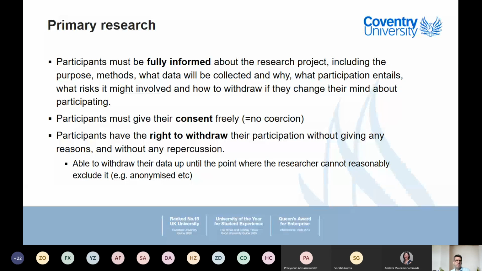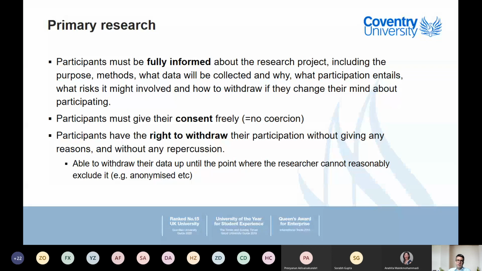So you'll have to fill a questionnaire, you will have to go through an interview, it will last roughly 40 minutes or whatever. But also explaining a little bit more the kind of data you will collect and why you collect that data. Okay. The idea is that participants will then be able to somehow appreciate the risk they might take, but will also get all the information about why this research is being conducted and how they can withdraw.